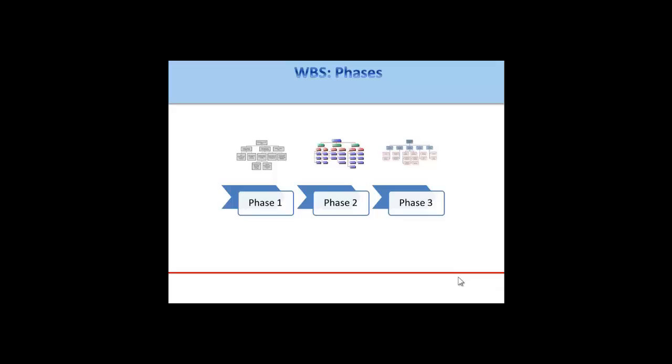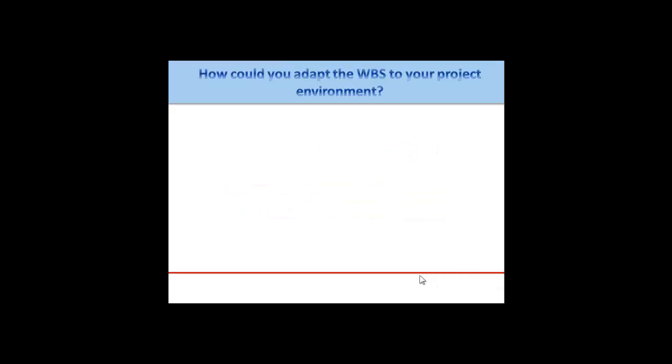At that point, I think it's a moment for you to think about what you could do to adapt the work breakdown structure for your environment. What would the phases be? Would you look at the deliverables, or would you still focus on the outputs? Would you have a high-level work breakdown structure at the beginning? And if so, how detailed would it be?